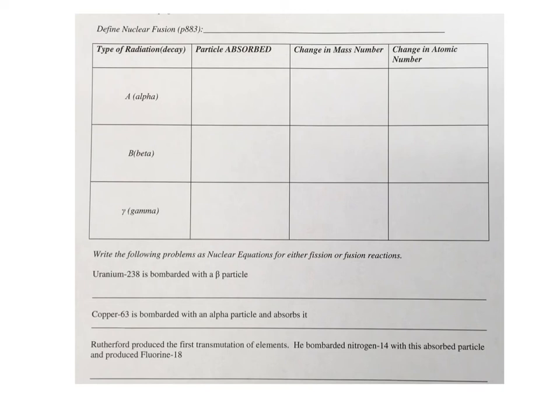In this last part of the data table, we're looking at these nuclear particles being absorbed. So in the case of alpha absorption, it's a helium nucleus, and when it is absorbed into the nucleus of another isotope, your mass number increases by 4 and your atomic number increases by 2.